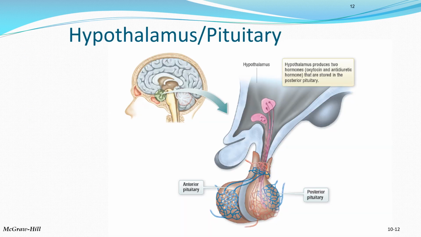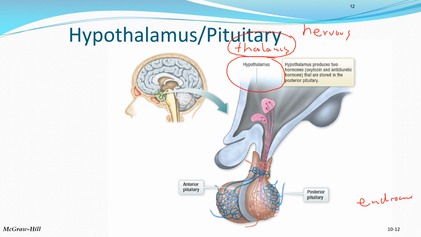Here's an image of the hypothalamus and the pituitary. So what's above the hypothalamus? The thalamus, right? So below means hypo. So below the thalamus is the hypothalamus. So the hypothalamus acts as the bridge between the nervous system and down here is the endocrine system.